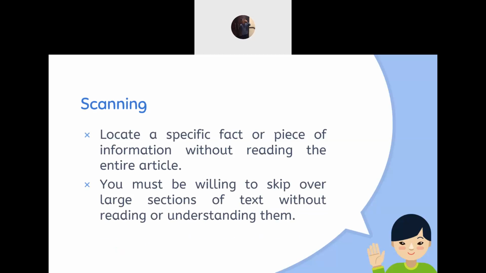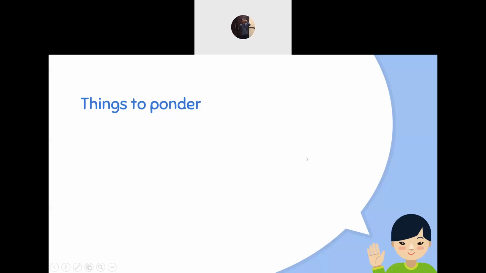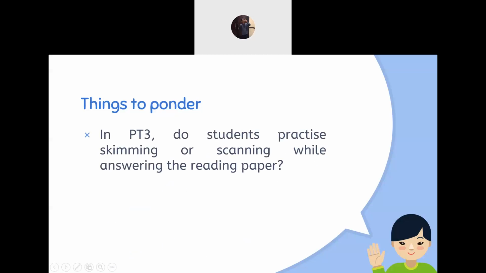Okay, now, in PT3, in your opinion, do you practice skimming or scanning when you are answering the reading paper? Skimming.